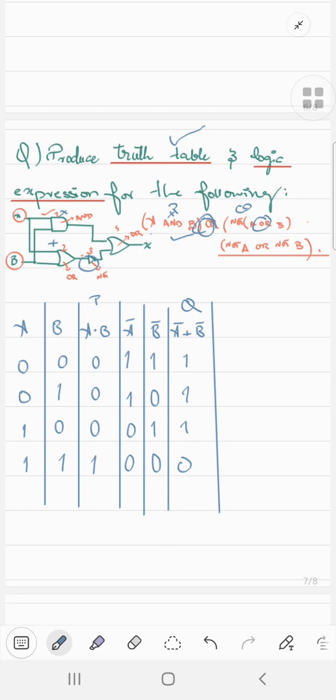So I made a small mistake during the explanation. I said that it's up to you if you want to add the values of A and B and then inverse them, or do it the way that I did here. I'm really sorry about that, because you will be getting the wrong answer that way. For example, A plus B gives 0, 1, 1 and 1.